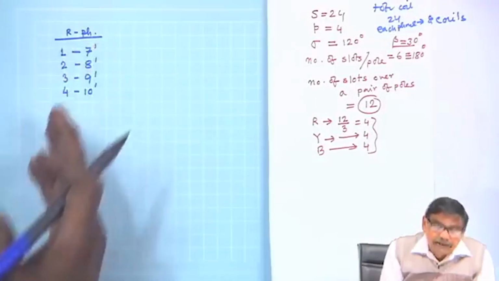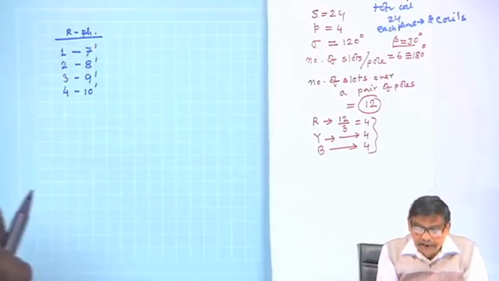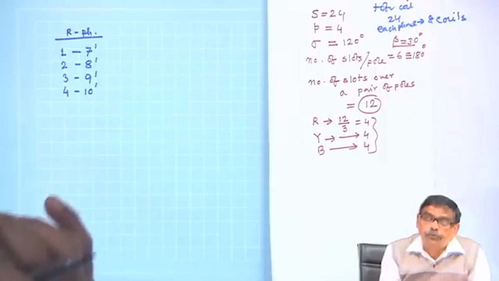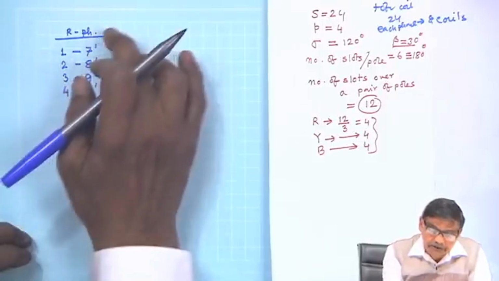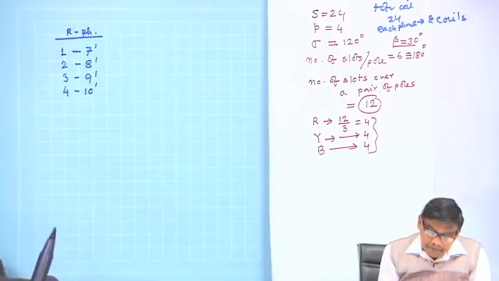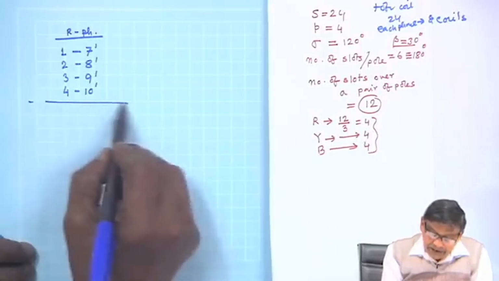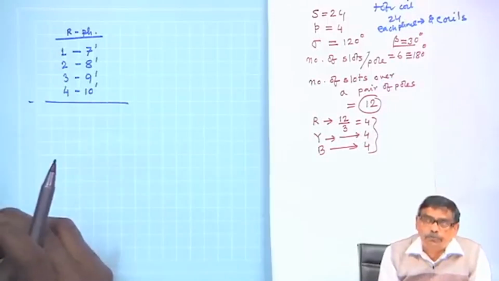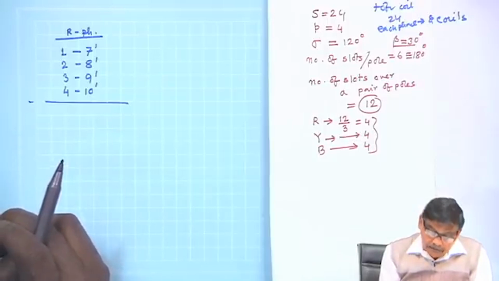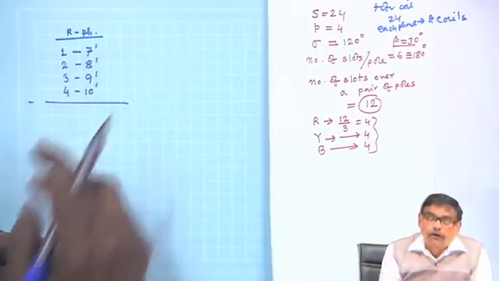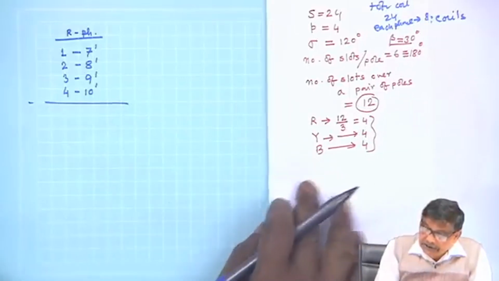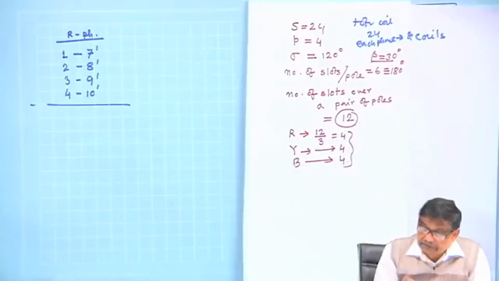And when I have done this, I have made a distribution of the group 1 coils belonging to R phase. And when we have moved this much, I have moved by 2 poles, and only 4 coils have been covered. Where will be the other 4 coils of R phase? Because each phase has 8 coils.